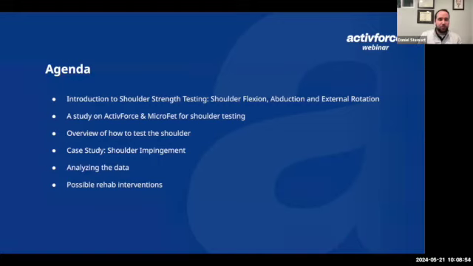And then we'll go into a little bit of anatomy of each shoulder motion, along with how we test it using the strap and using just the hand, so just putting it on your hand versus tying it down to something that doesn't move. And then Dr. E, or Erson, will go into a case study on a patient that he usually sees on a regular basis, and then go over rehab interventions for that case study.